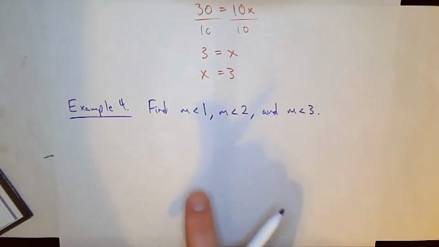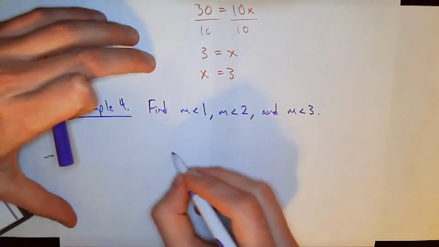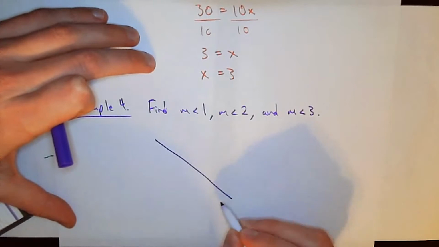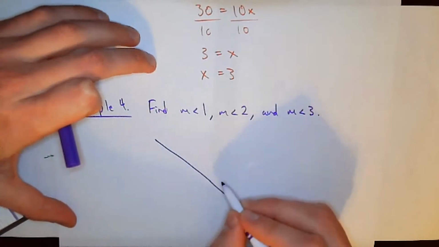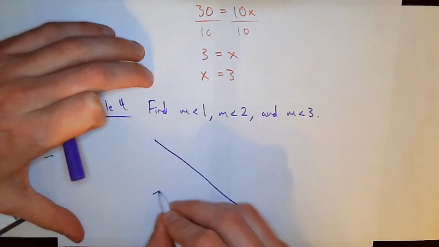Okay, find the measure of angle 1, angle 2, and angle 3. So now I'm abandoning the letter representation for angles because that's what this problem does. You'll see problems like this in Hawks too. For whatever reason, they like to use numbers to denote angles when they're inside of triangles, which is what I'm about to draw here.